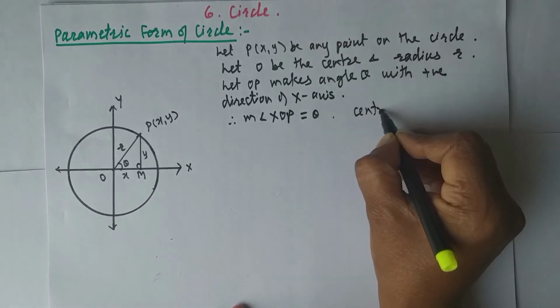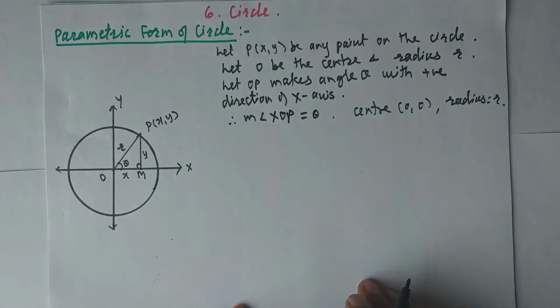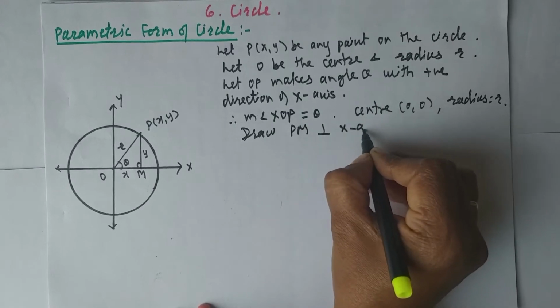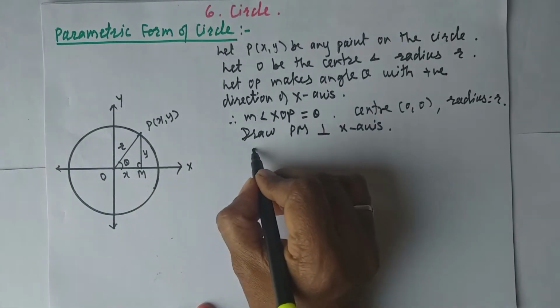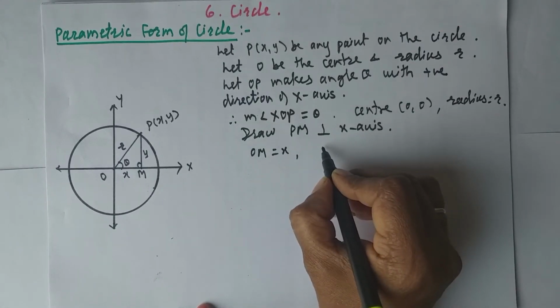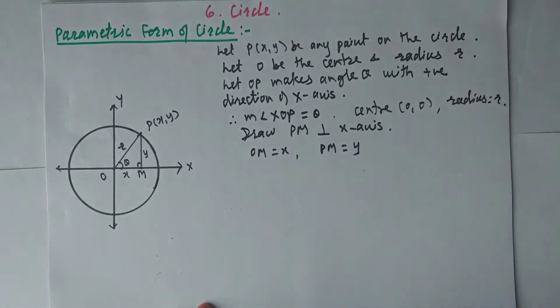Here center is origin, radius is r. Now draw PM perpendicular to x-axis as shown in the diagram. Then this OM is nothing but x coordinate of point P and PM is nothing but y coordinate of point P.